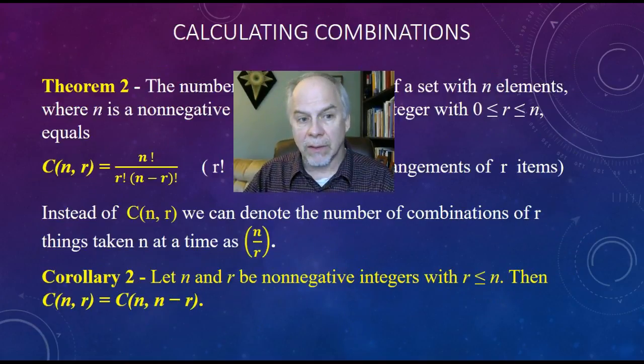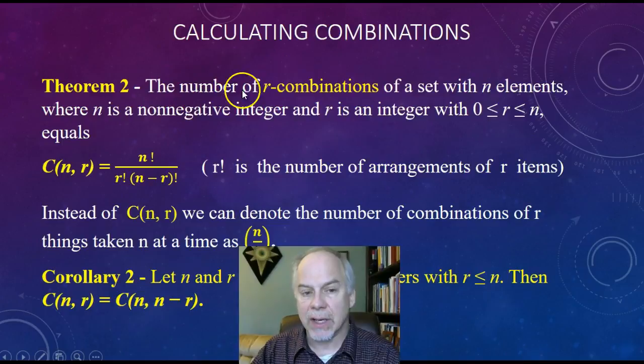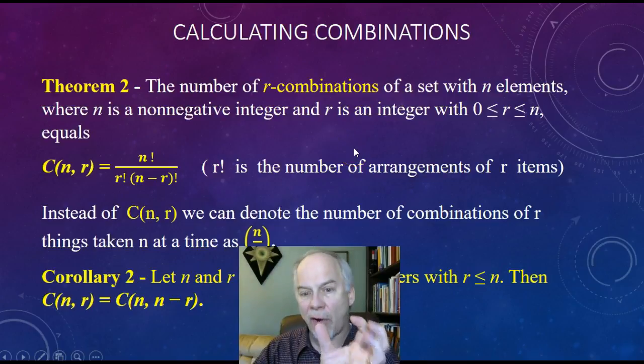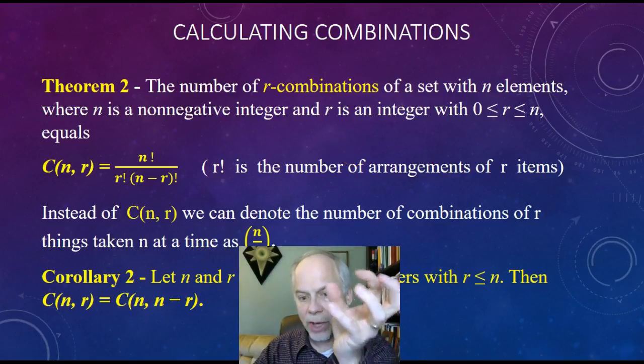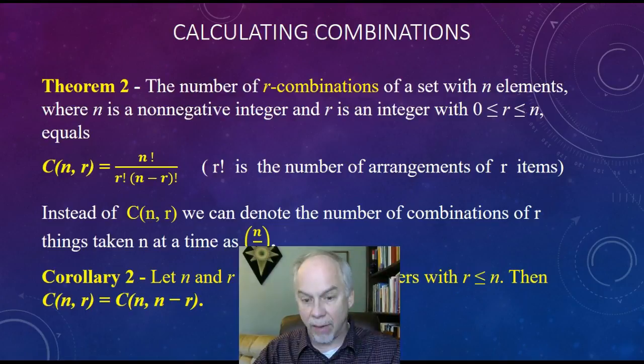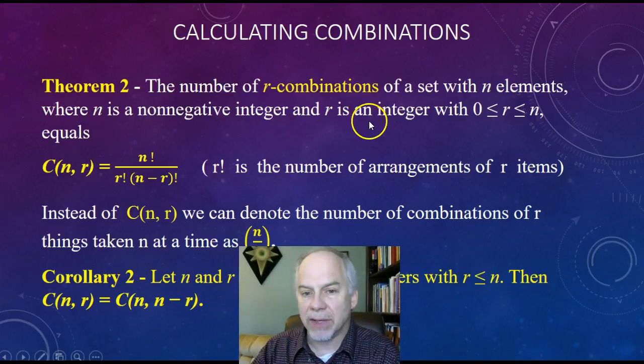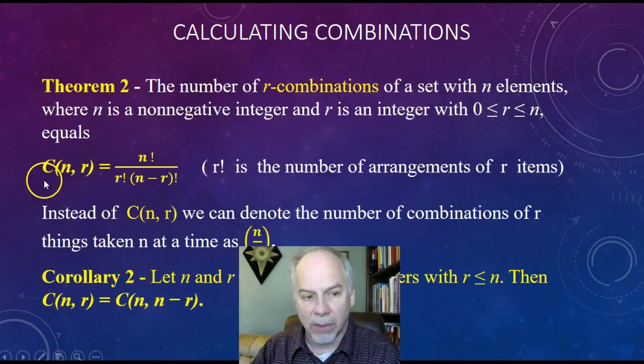So Theorem 2 says the number of r-combinations, or combinations of taking r at a time, so we're choosing r things from n things, where n is a non-negative integer and r is an integer between 0 and n, equals C(n,r) = n! over r! times (n minus r)!.